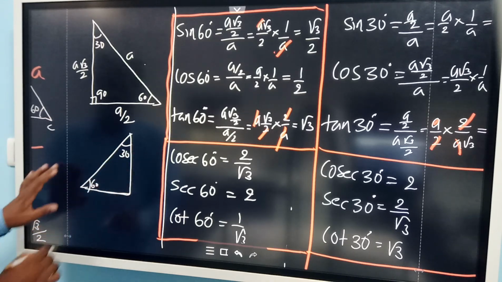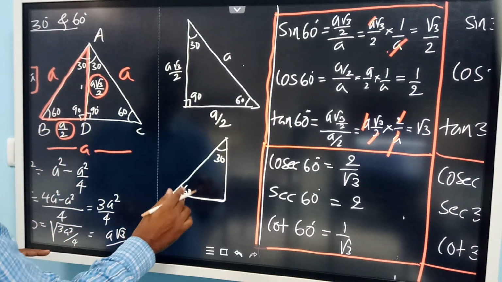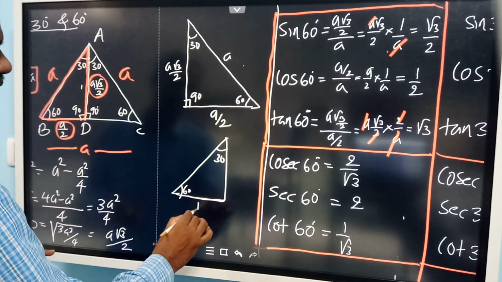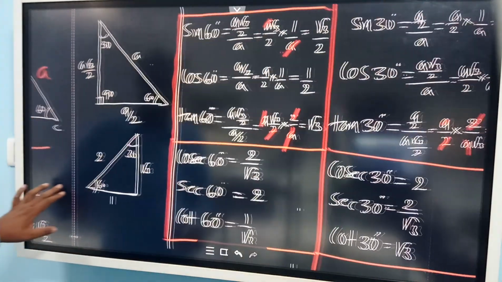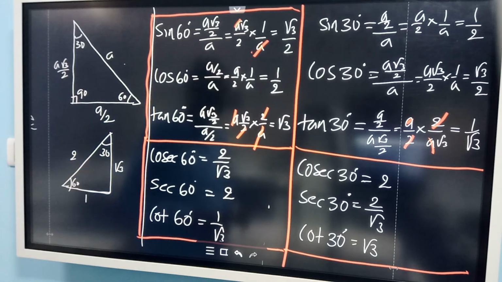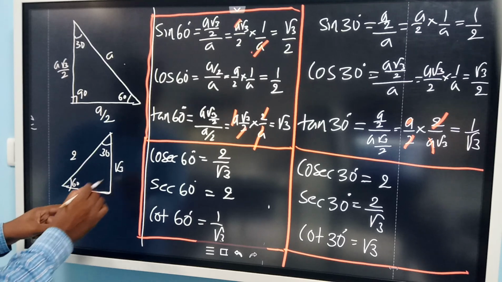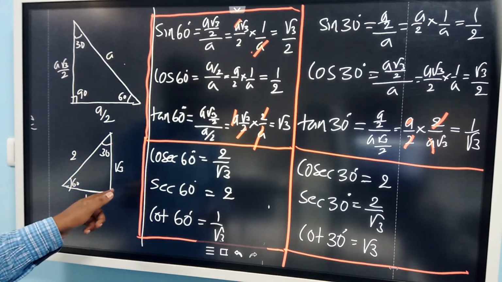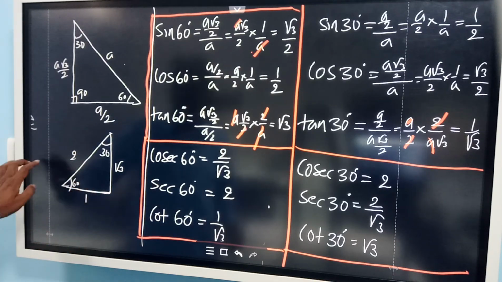Here you can write 1, 2, root 3. If you apply the Pythagoras theorem, 1 square plus root 3 square is 4, and it is 2 square only. So you can use this ratio.